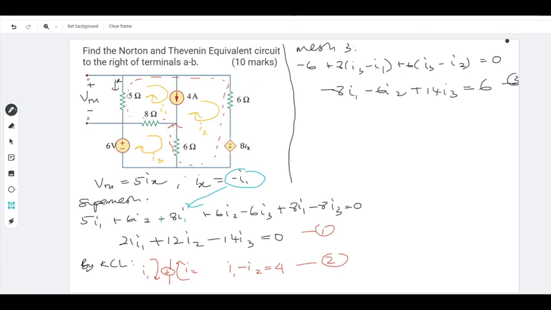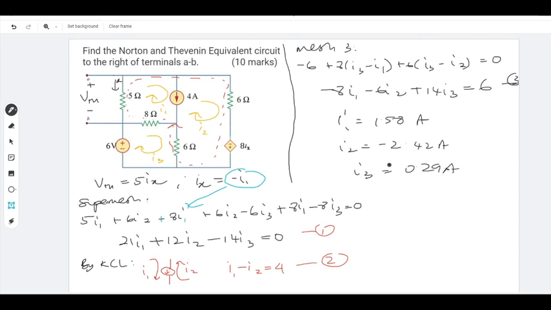Last one is 6. You should be getting I1 equals to 1.58, I2 equals to, don't forget your unit, negative 2.42 ampere, then I3 you will be getting 0.29. So if you ask madam, can I not write everything, I just want I1 only.